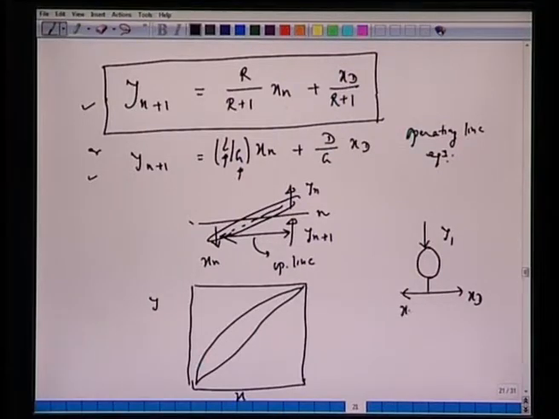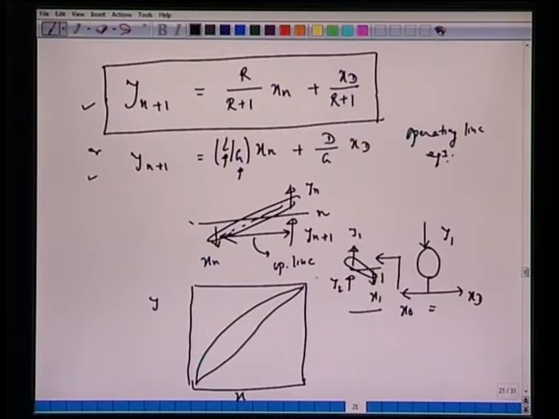This is x0, same as x_d, same as y1. This liquid goes to the top of the column, stage 1. We have this y1, the liquid which leaves here is x1, the two are in equilibrium, we have y2, and so forth.